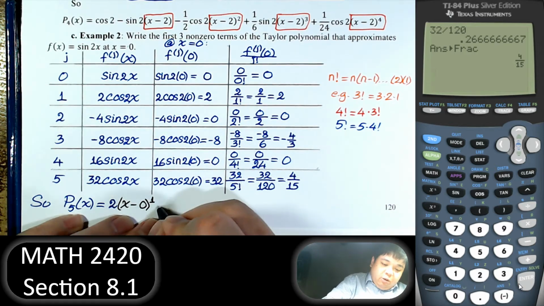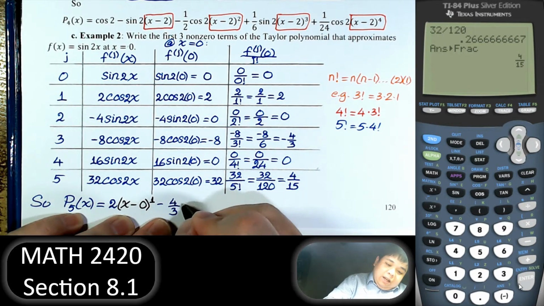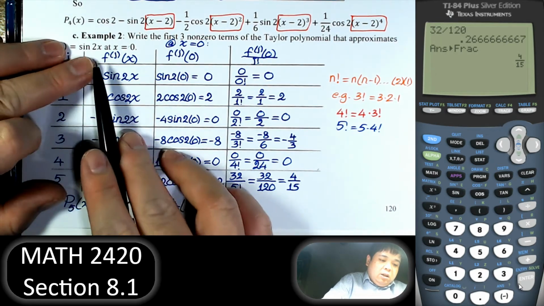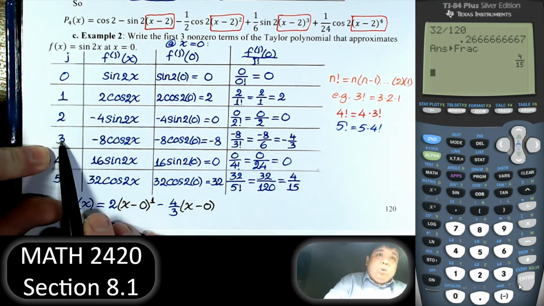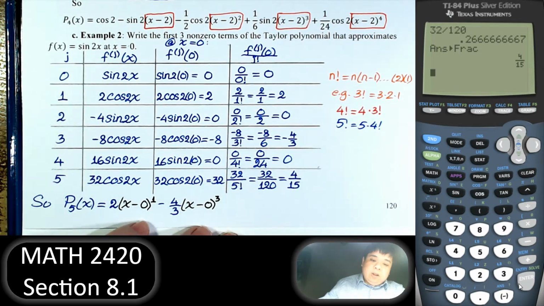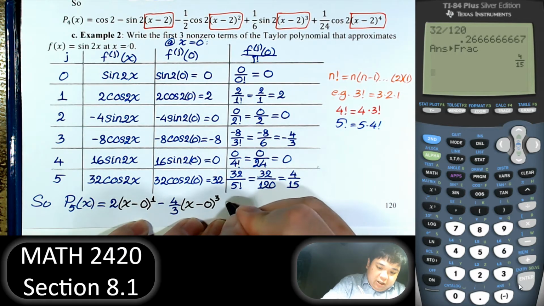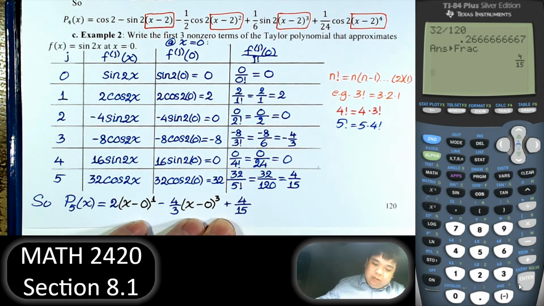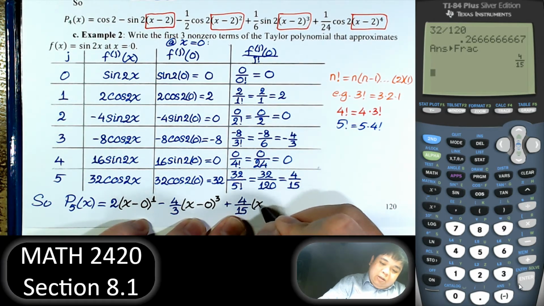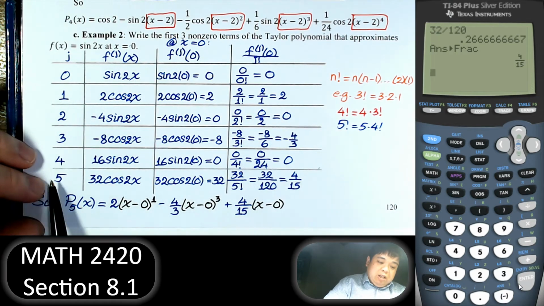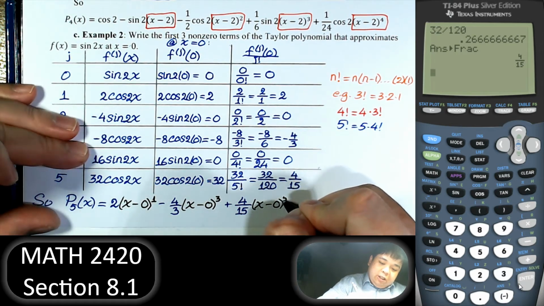Next we have negative 4 over 3 times x minus the center, when j equals 3. And then plus 4 over 15 times x minus 0, corresponding to 5. So that's what we have.